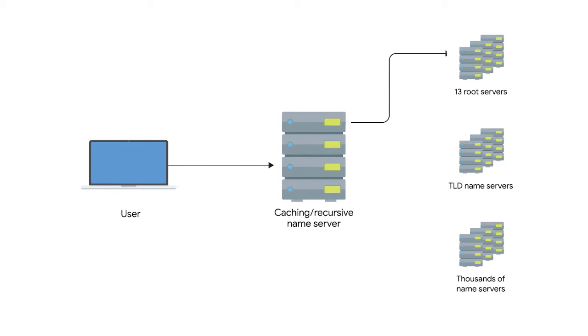Now, let's look at what happens when your local recursive server needs to perform a full recursive resolution. The first step is always to contact a root name server. There are 13 total root name servers, and they're responsible for directing queries toward the appropriate TLD name server. In the past, these 13 root servers were distributed to very specific geographic regions, but today, they're mostly distributed across the globe via Anycast.